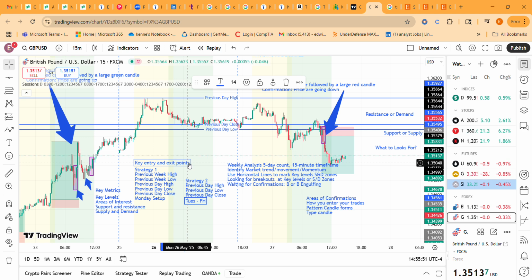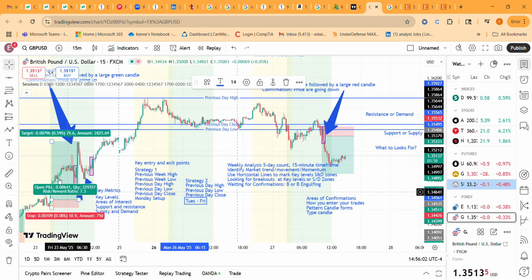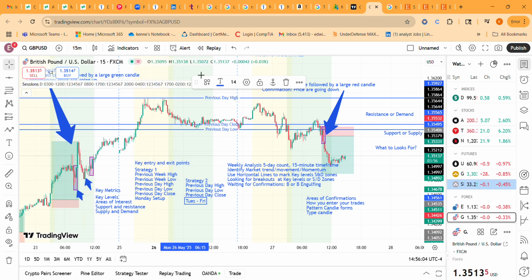In other words, it depends on your ability to read the chart. Remember, we already know the market structure or the market trend. It's an upward trend, so we have more buyers, which is good. Step number 1.